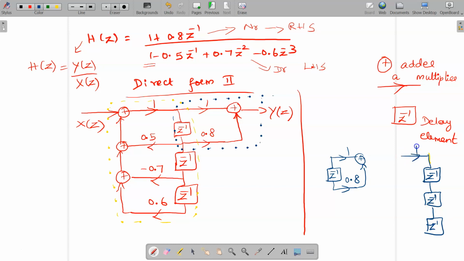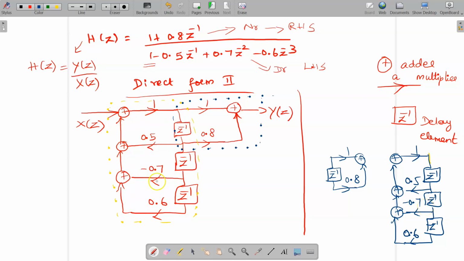First line is 1, second line 0.5, third line minus 0.7, fourth line 0.6. Draw as it is, whatever you have there, draw as it is. Like this. So the second part, that is your right side part, will come to the left side, and your first part, that is your left side part, you have to draw in the right hand side.